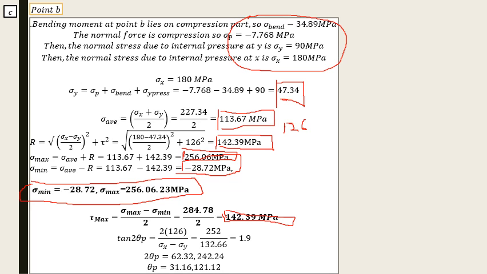Or if sigma min is negative, then tau max is equal to R, the same as this R. And for the principal planes, it is the same equation with different values. We got this, divide this, and we got this. Tan inverse of this, 1.9, and 2 theta p is 31.16 and theta p is 121.12 degrees.